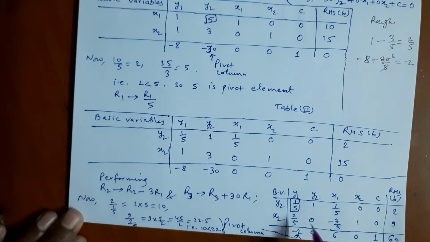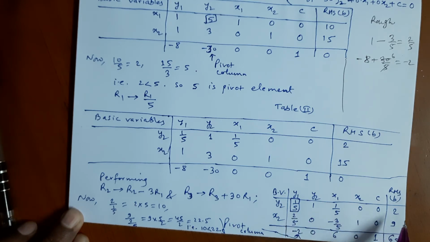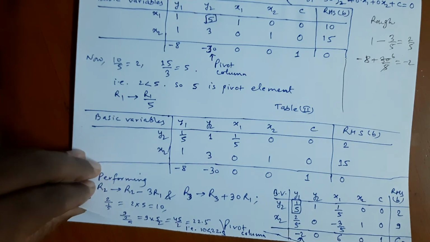So to make this 1, we multiply this first row throughout by 5. Okay, 5 times R1. We multiply the first row by 5.